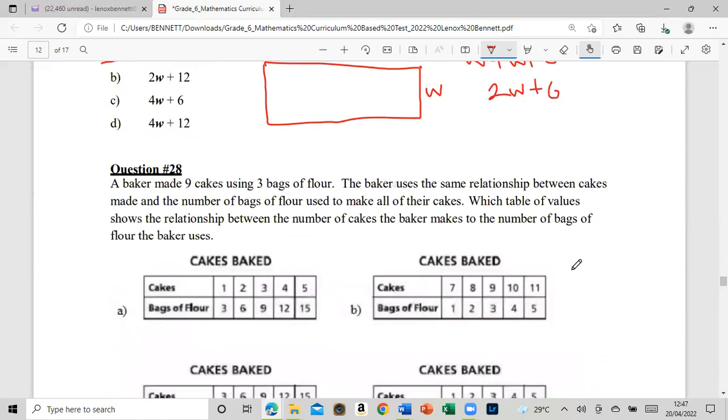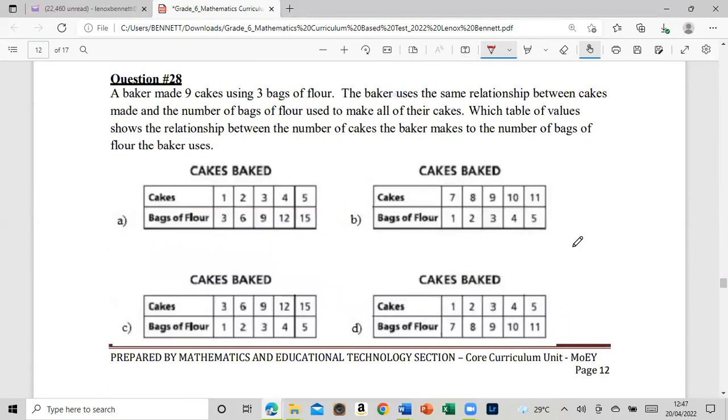Let's move on to 29. A baker made 9 cakes using 3 bags of flour. The baker uses the same relationship between cakes made and the number of bags of flour used to make all the cakes. Which table of values shows the relationship between the number of cakes the baker makes and the number of bags of flour the baker uses?